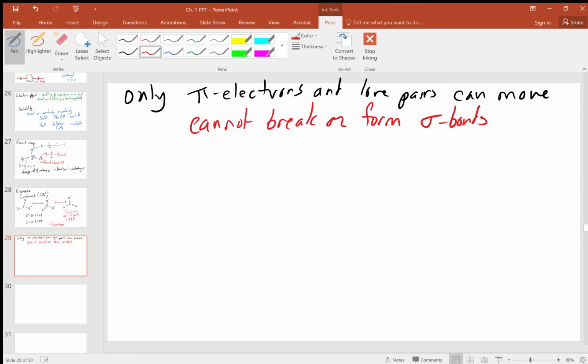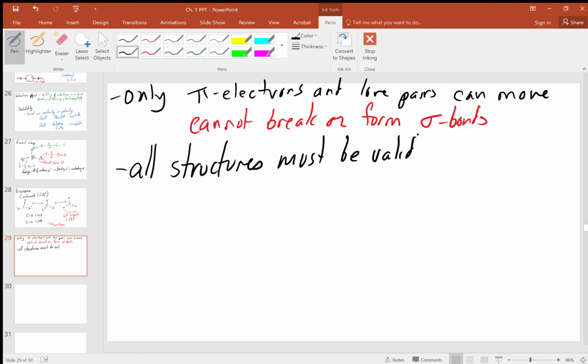Once you break a sigma bond or form a sigma bond, you've made a new compound. All of the structures must be valid, and by that we mean valid Lewis structures. So you can't draw a resonance structure that has 5 bonds to carbon. It's not a valid Lewis structure, and so it's not a valid resonance structure.